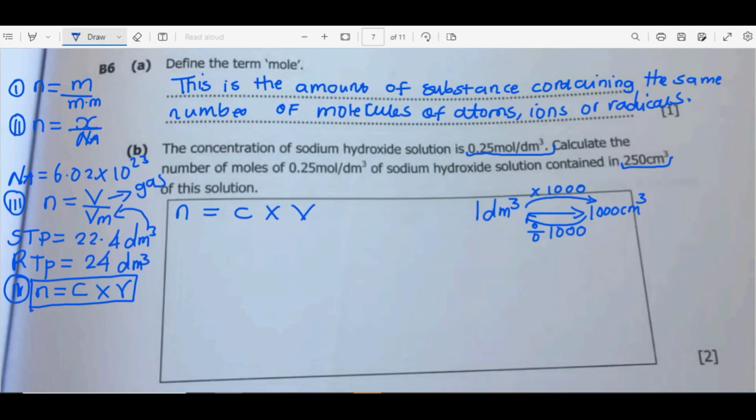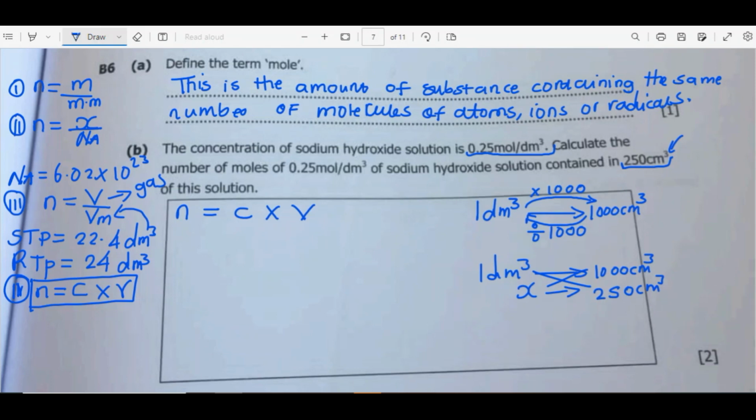Now we can show our working. We know that 1 decimeter cubed is equal to 1,000 centimeters cubed. Since the volume is given in centimeters cubed, our centimeters cubed will be written on the right side here, so that we have the same units. We put x and cross multiply.